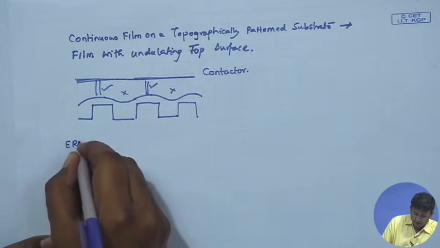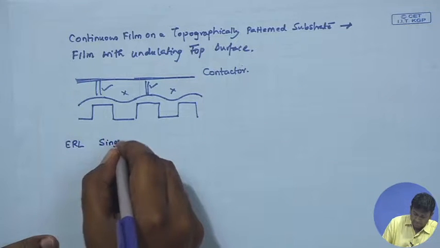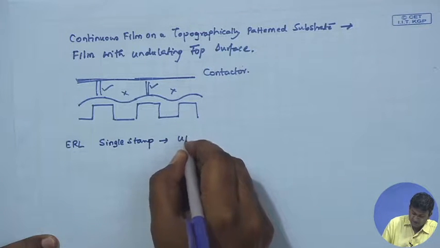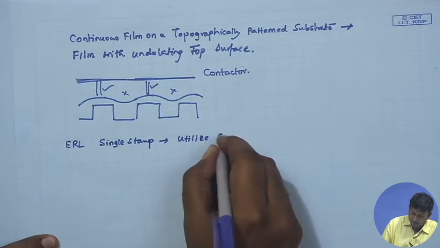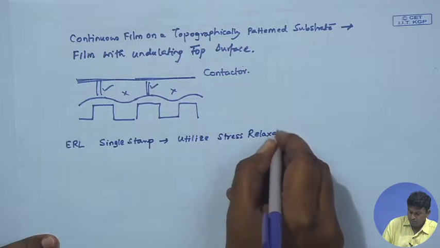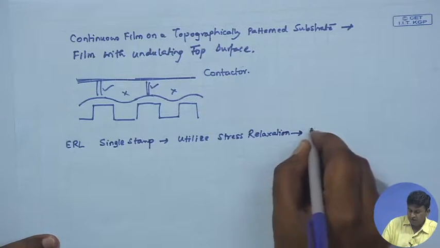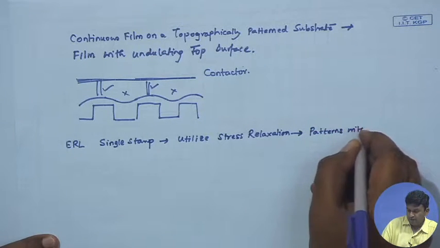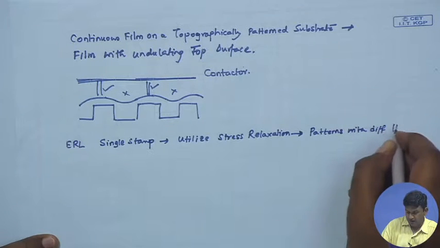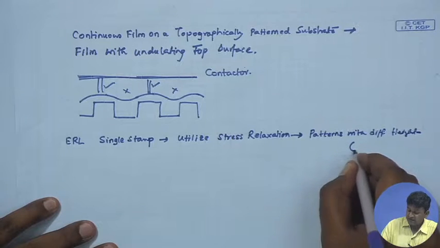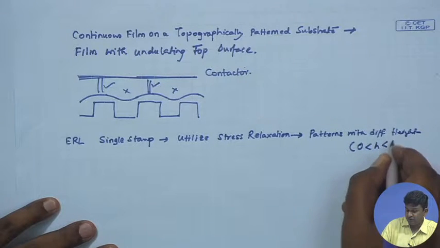In elastic recovery lithography, or ERL, a single stamp utilizes stress relaxation to get patterns with different height.